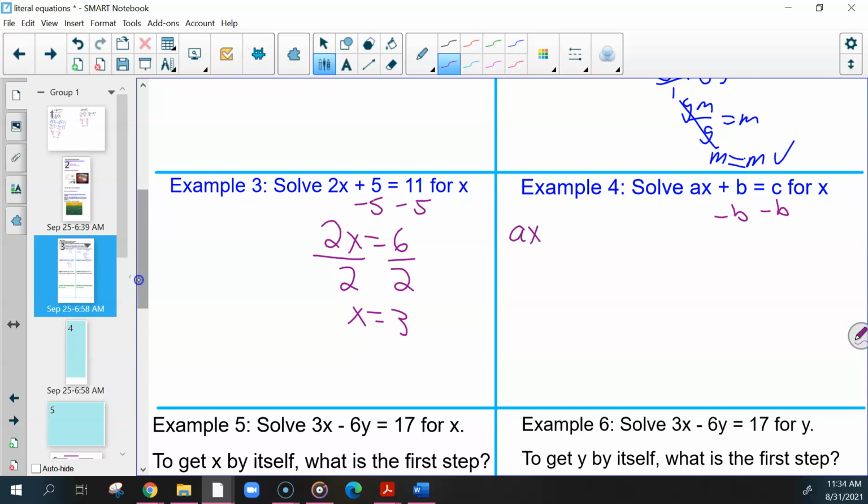So I'm going to have ax equals c minus b. And then what? Divide everything by a. These a's are going to cancel, and I'm left with x equals c minus b all over a. Again, I have no idea what x, c, b, a values are, but I don't need to know that.